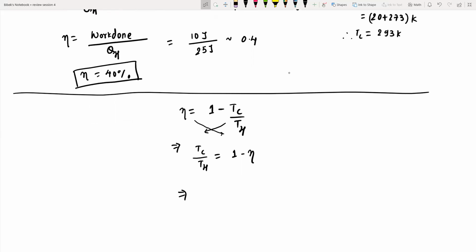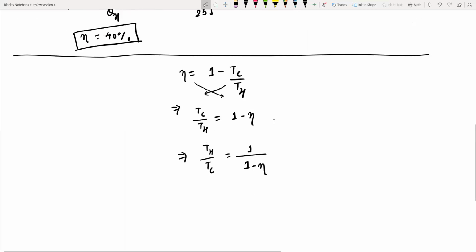Then Th over Tc will be equal to 1 over 1 minus the efficiency. So that means your Th is Tc over 1 minus the efficiency.